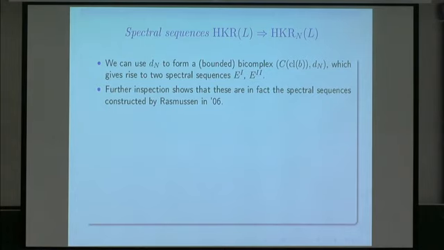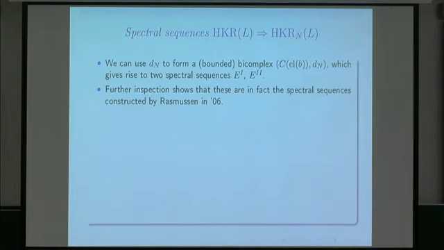Now we can also consider the homology, the differential coming from the chain complex, and this d_n altogether form a bicomplex, which gives rise to two spectral sequences, the double complex spectral sequences.